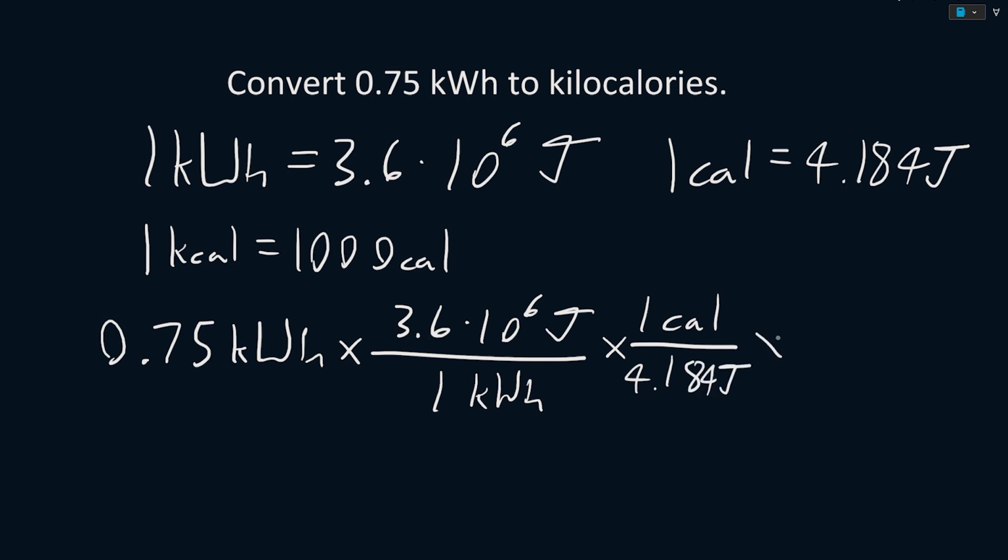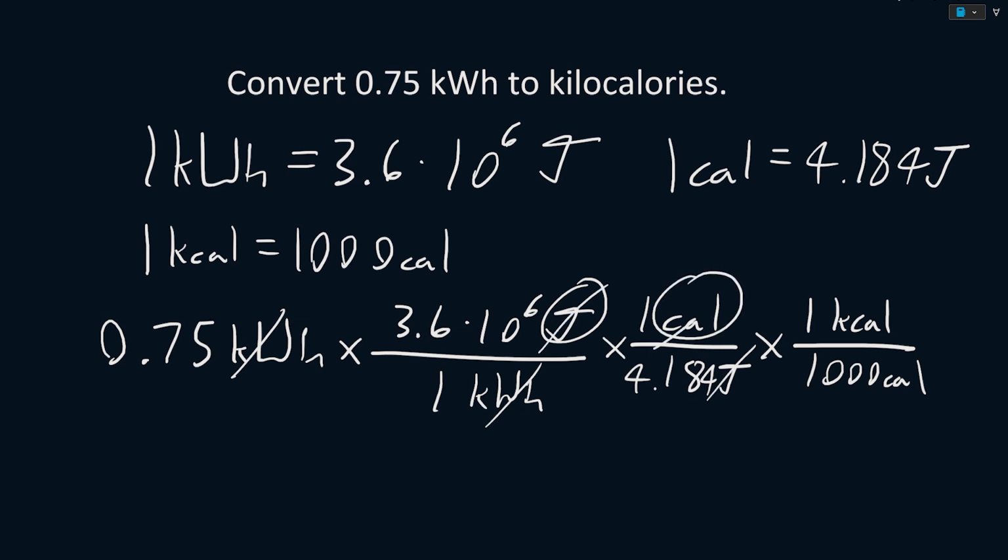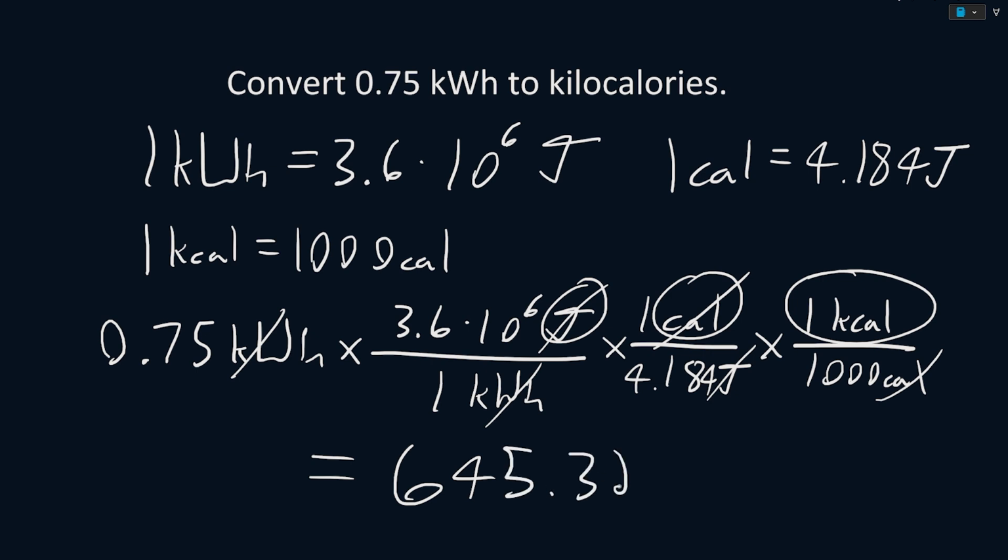Then finally, from calories to kilocalories by multiplying through our conversion factor of 1 kilocalorie per 1,000 calories. Multiplying through all of this, we see that the kilowatt hours cancel to give us joules, then the joules cancel to give us calories, and finally the calories cancel to leave us in kilocalories. Solving this, we get that 0.75 kilowatt hours is equal to 645.32 kilocalories.